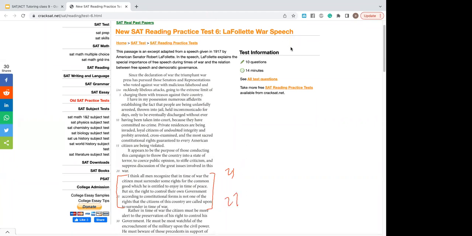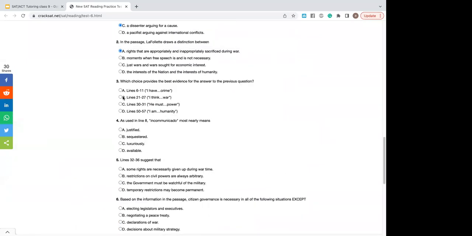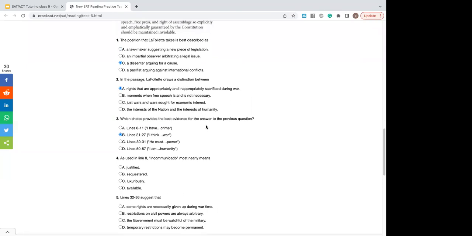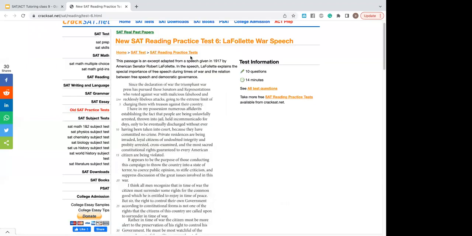And let's check which answer matches up with it. 21 to 27. As used in line 8, incommunicado means... so I guess incommunicado basically means you're isolated, even without looking at the answer choices. However, since you're not really expected to know that, which line was it in?